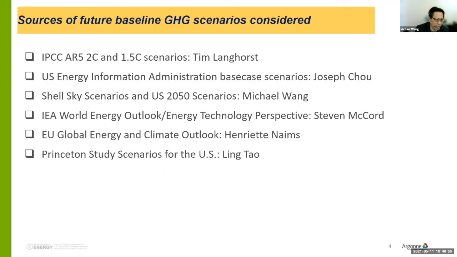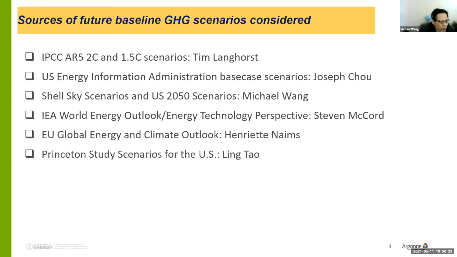As you see, the IPCC AR5 2C and 1.6 scenarios are covered by Tim Naghorst. The US Energy Information Administration baseline scenarios are covered by Joseph Choi. The Shell Sky scenarios and the US 2050 scenarios, I did the review and synthesis.